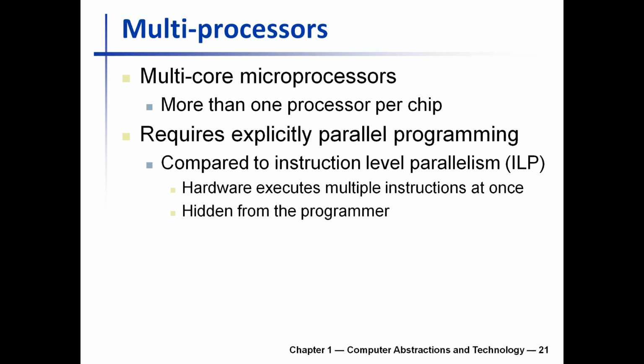You need explicitly parallel programming, meaning the programmer, the person who writes the program, needs to write that program understanding that there are multiple processes. So I'm writing this program as, say, 4 programs which collaborate together to get the work done.